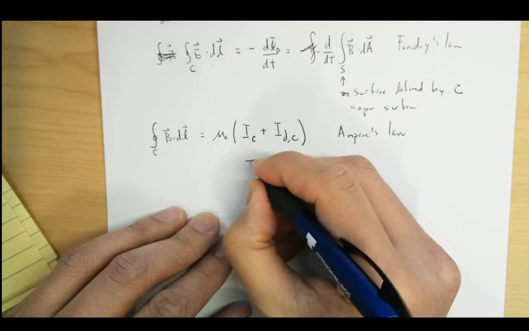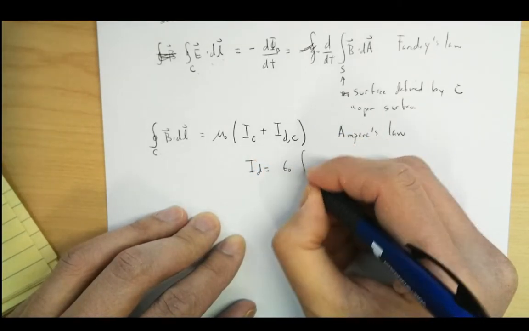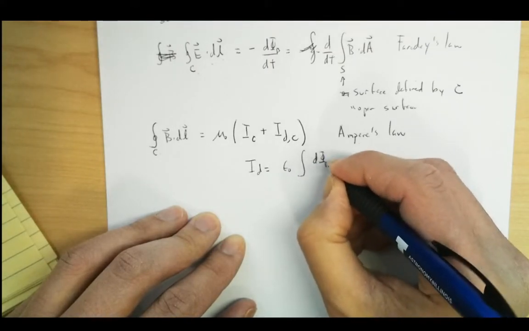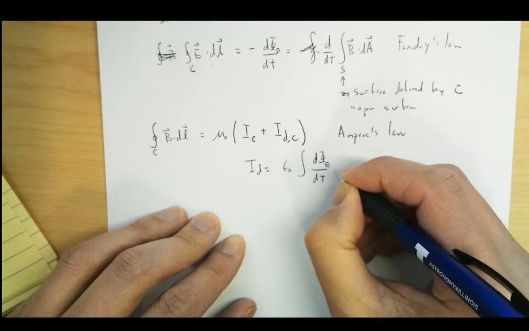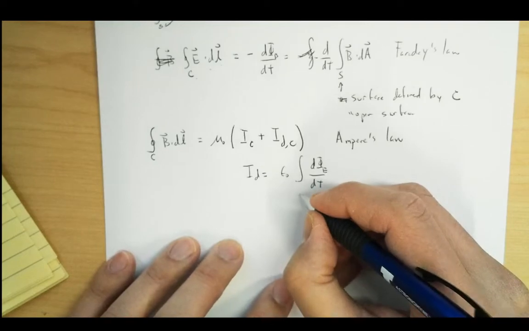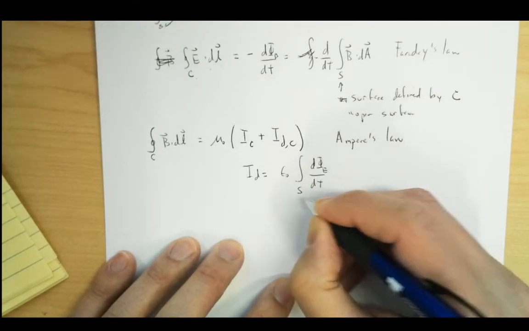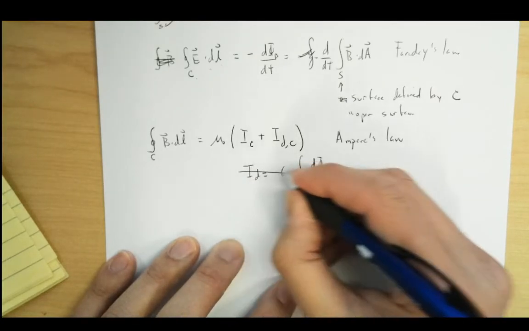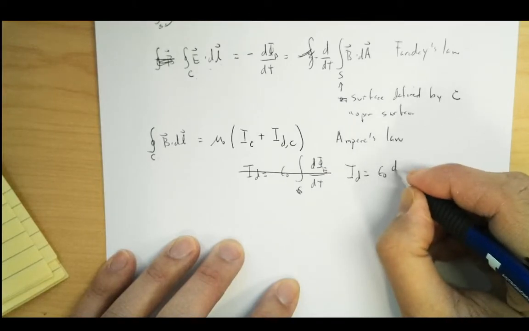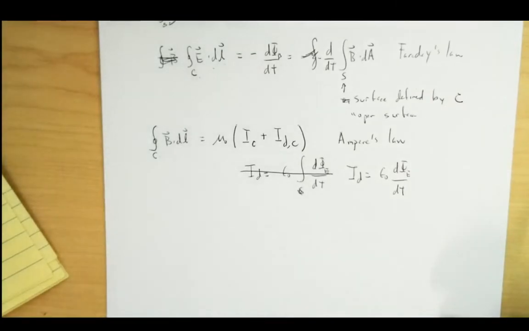And then I_D is equal to epsilon 0 d phi E dt. That's just it actually.